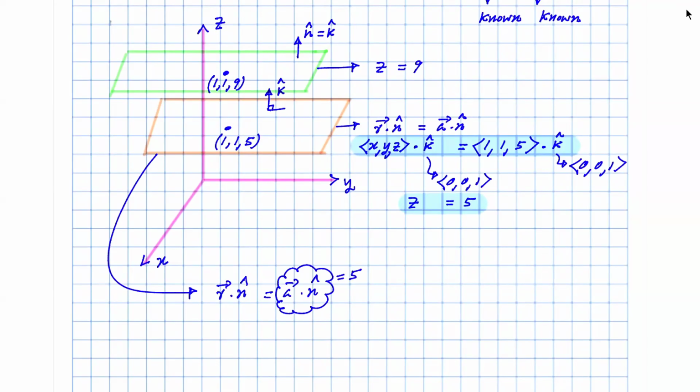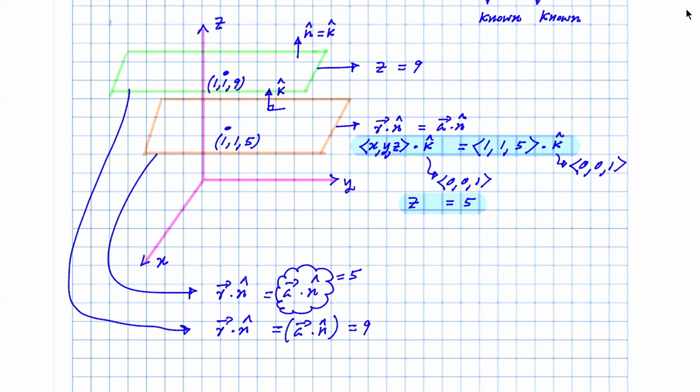That was 5. When you get this other plane, for that one also, this a dot n is going to be 9.